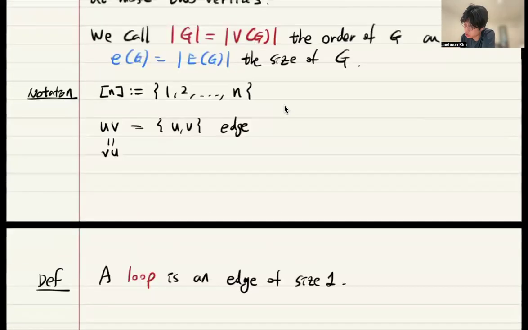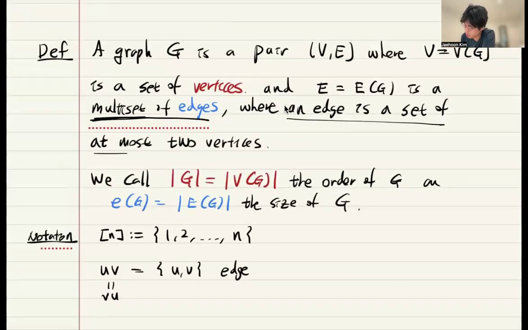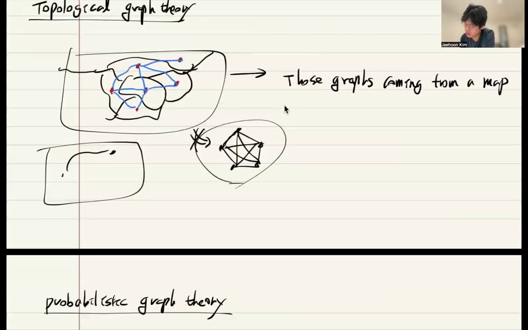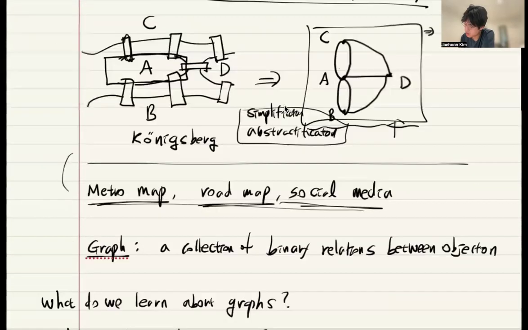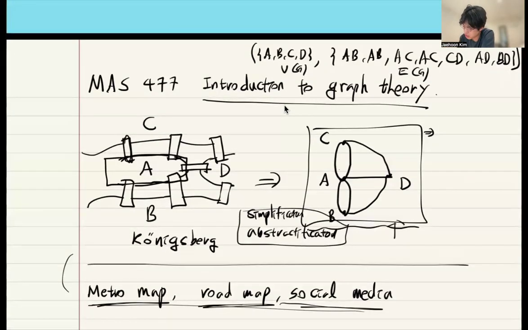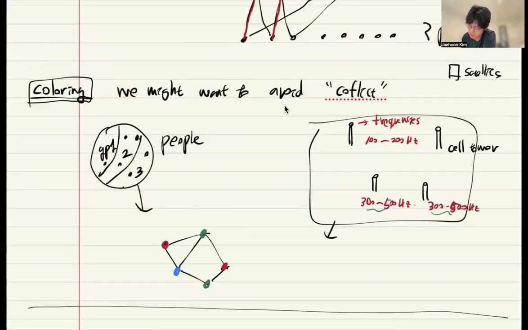If you see, an edge is a set of at most two vertices, so there could be a one-vertex edge. That's the case where there is a connection between a dot and itself, a vertex and itself. There could be a bridge on the land, and you want to insist on crossing it. That's where the name loop comes from.